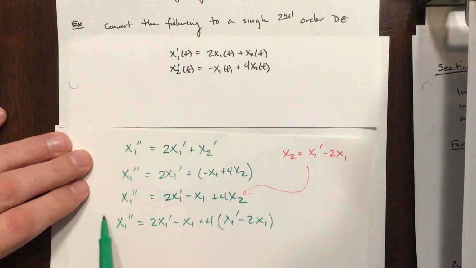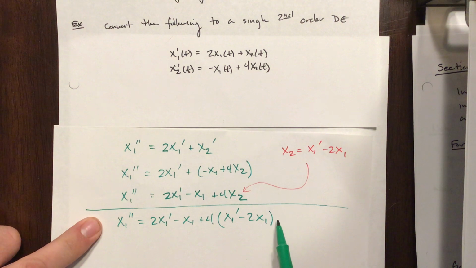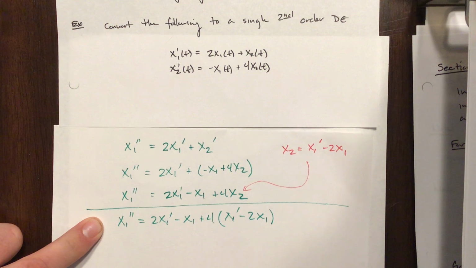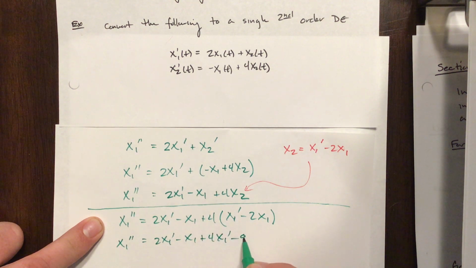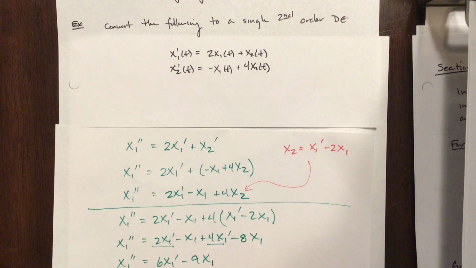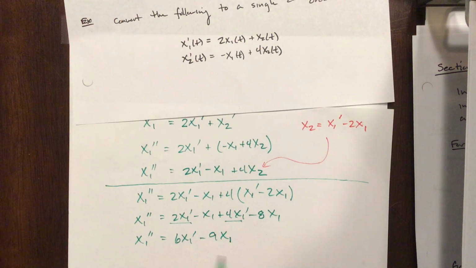Now, this second order differential equation that's below the green line is entirely in terms of x1. Okay, let's combine all the like terms. x1 double prime equals 2x1 prime minus x1 plus 4x1 prime minus 8x1. So that means x1 double prime is equal to 6x1 prime minus 9x1. In other words, x1 double prime minus 6x1 prime plus 9x1 is equal to 0.